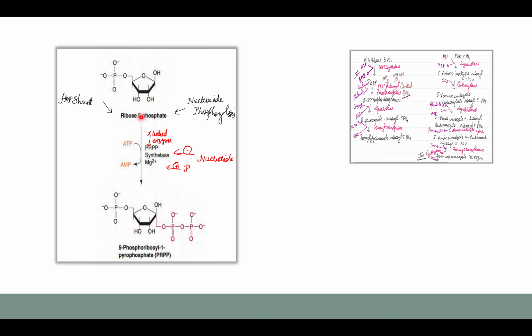When we discuss the purine synthetic pathway, we'll realize that ribose 5-phosphate is added during the process, but it is not the primary component which is utilized. So this was about the first step.